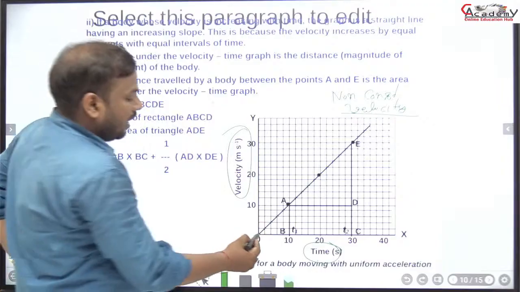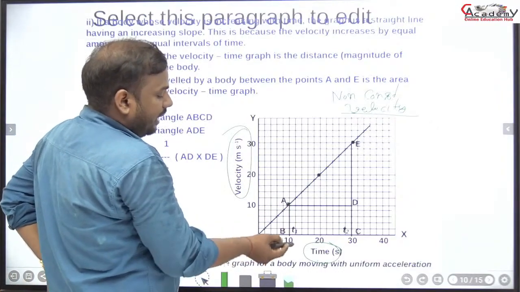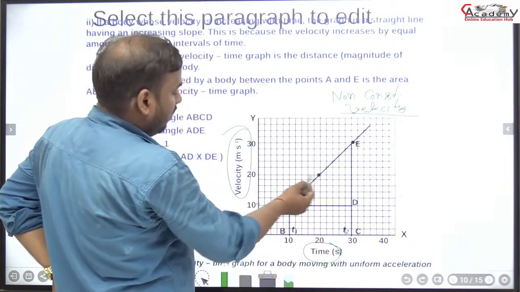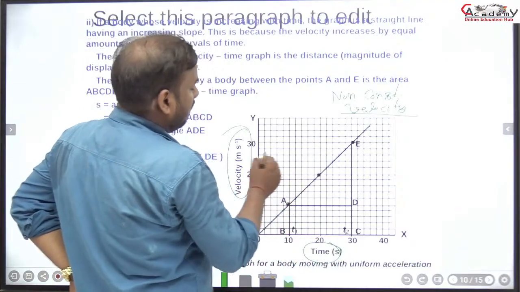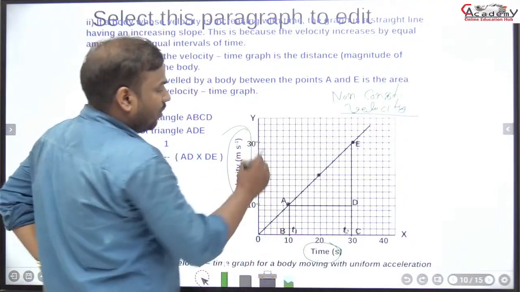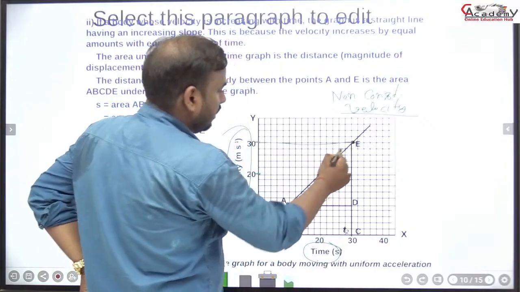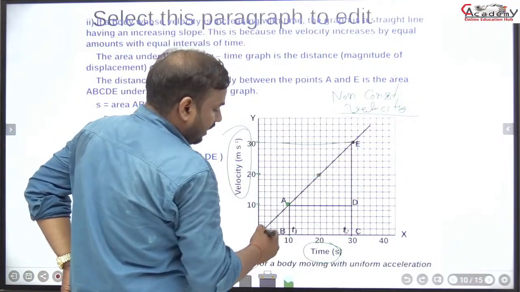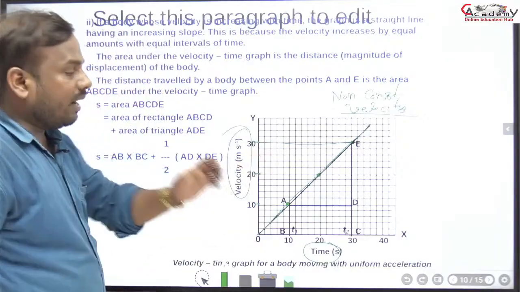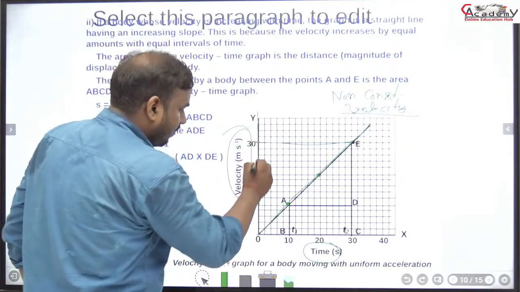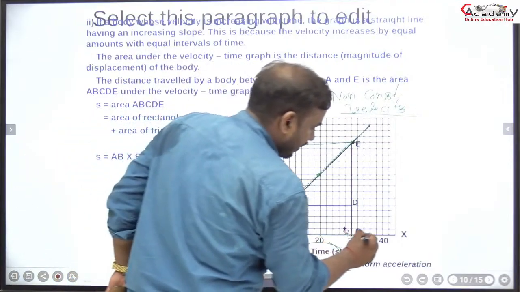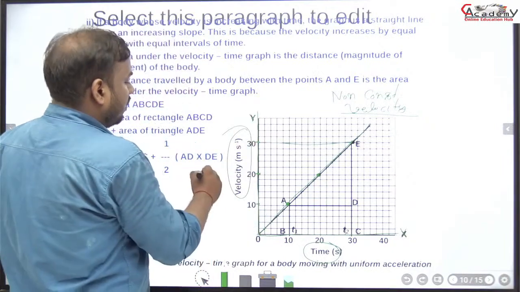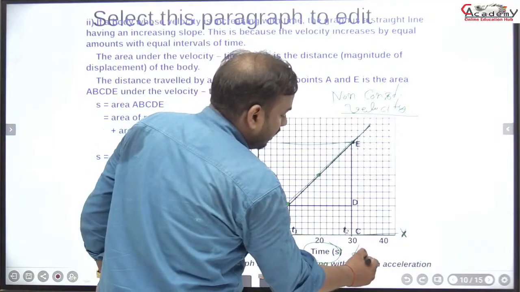Here, that is the point A. In 10 seconds the velocity is 10 meters per second. In 20 seconds the velocity is 20 meters per second. In 30 seconds the velocity is 30 meters per second, like that. We draw a point on this axis, that is the x-axis, that is the y-axis, the velocity in meters per second, and that is the time.